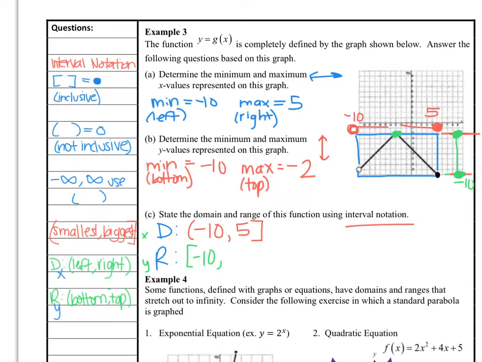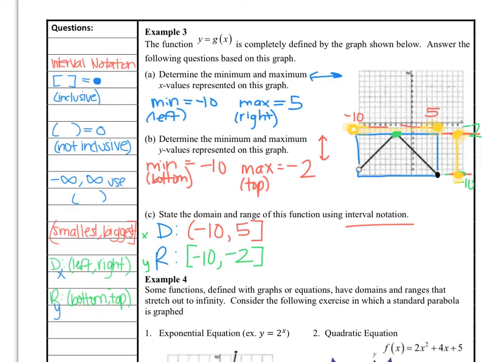And this was at the highest point, -2. And that's inclusive, so bracket. Again, closed circle, bracket, open circle, parenthesis, infinity uses parentheses. And I also want to point out, use this little method of putting your furthest left, your furthest right with open and closed circle, furthest top to furthest bottom, open and closed circle. That's going to be super helpful for you.